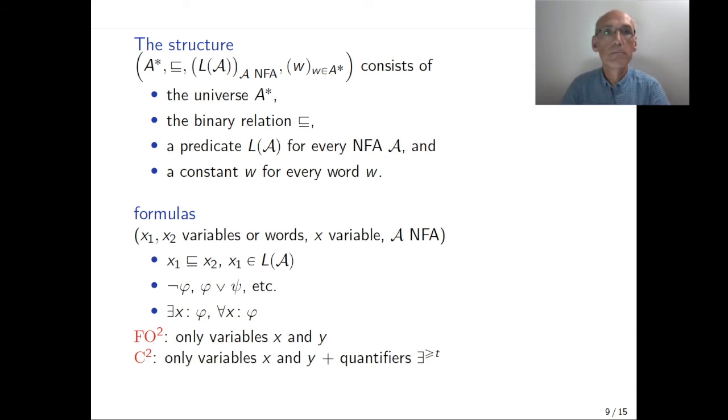For instance, in FO2, you cannot say the set has at least 3 elements, since for that you would need 3 variables x, y, and z, and they are pairwise distinct. In C2, you can express this by simply saying there are at least 3 many x's such that x equals x. C2 is more expressive than FO2, at least in general.